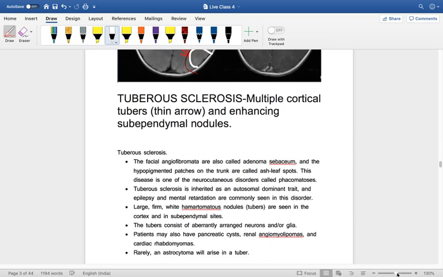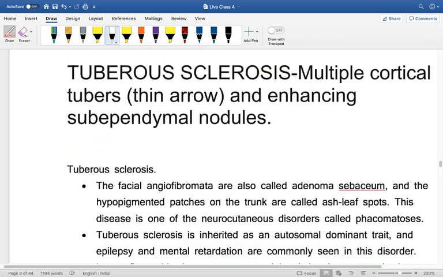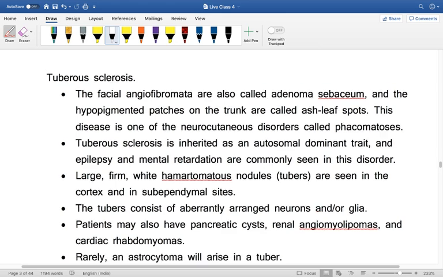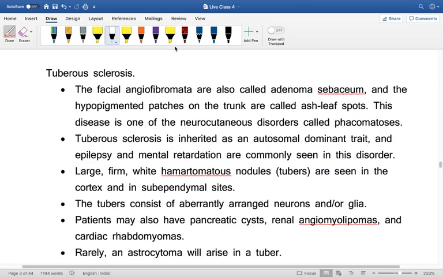So doctor, let us talk 10 points about tuberous sclerosis. In tuberous sclerosis, we have facial angiofibromas, also called adenoma sebaceum. There are hypopigmented patches on the trunk, called ash leaf spots. Autosomal dominant is the inheritance pattern.